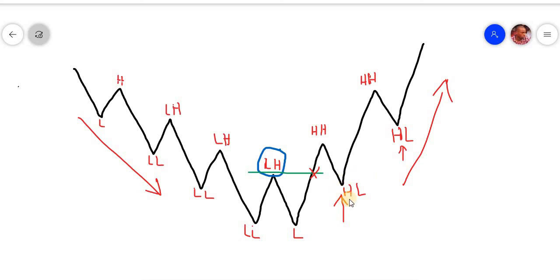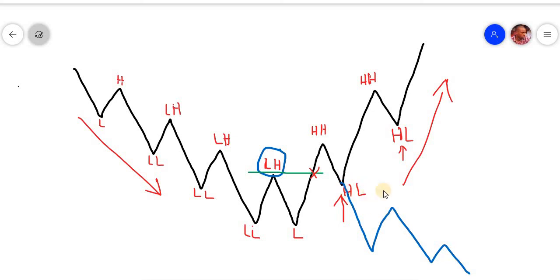Why does the higher low formation confirm the trend reversal from downtrend to uptrend? Because there is this possibility of the price making a new lower low. Do you understand? Price can just still continue in the downtrend.